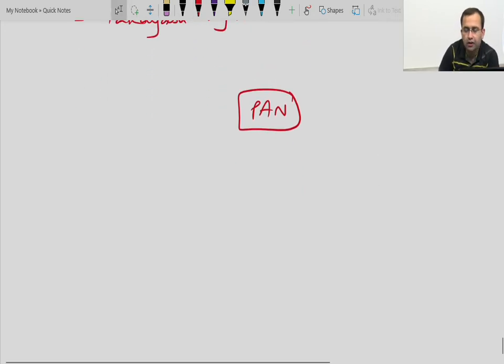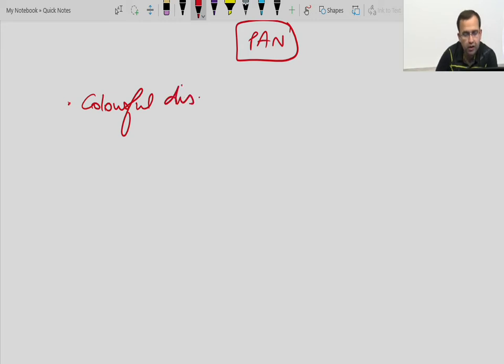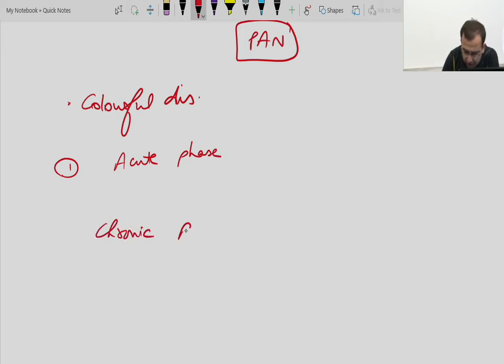So PAN, it is a medium vessel vasculitis, you very well know. Next point, PAN, it is a colorful disease to have. If you know this, you will know everything about it. The first point is it has an acute phase and a chronic phase.